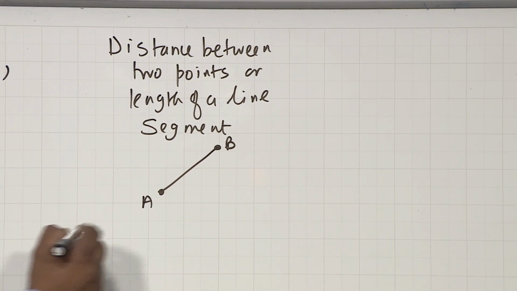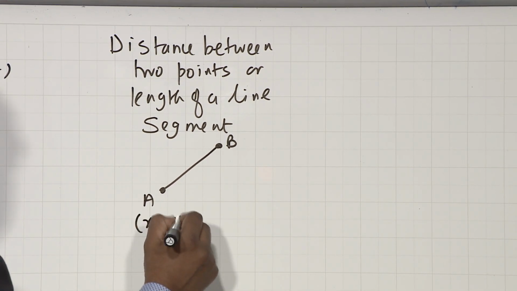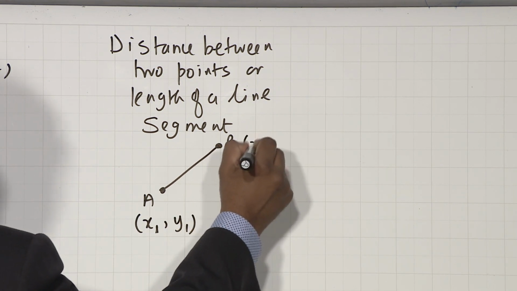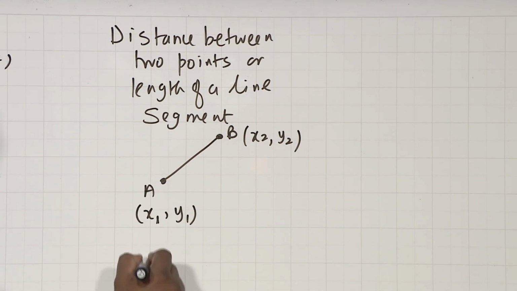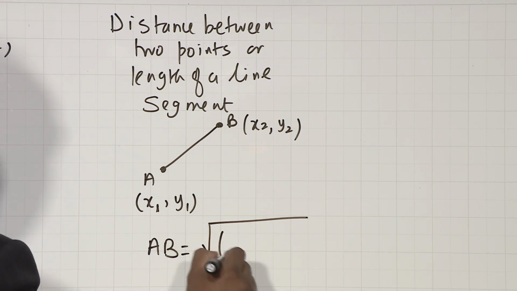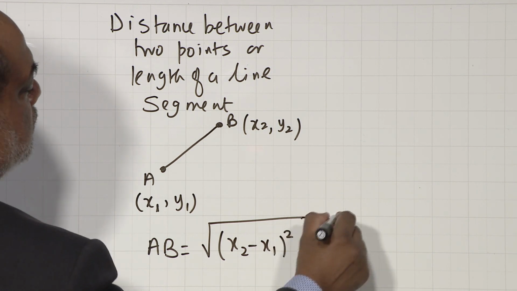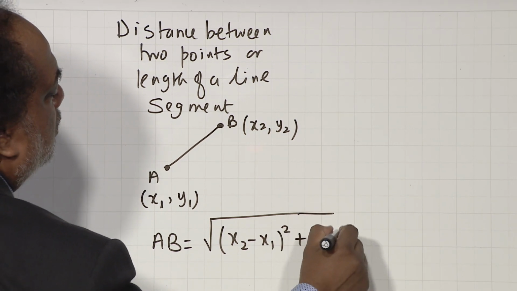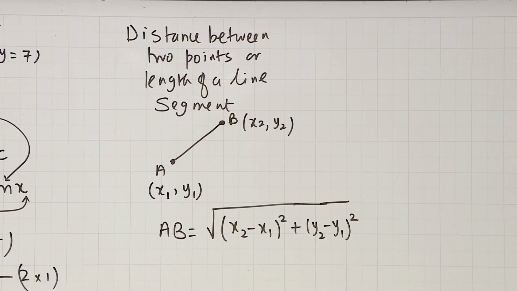So we use the coordinates of the 2 points to find the length. Let us say that the coordinates of A are x1, y1, and those of B are x2, y2. So the distance between A and B is given by the square root of x2 minus x1 squared plus y2 minus y1 squared.